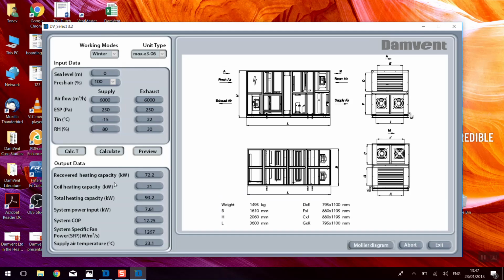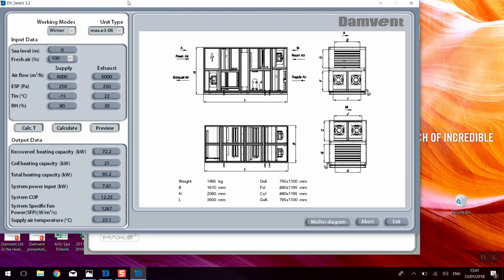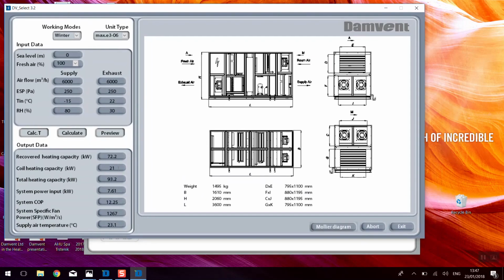So first of all, we provide the recovered heating capacity. Then we provide the heating capacity from the condenser. Then we have the total heating capacity. After that we have system power input, but this is a total value for a unit, which means including compressors and fans.